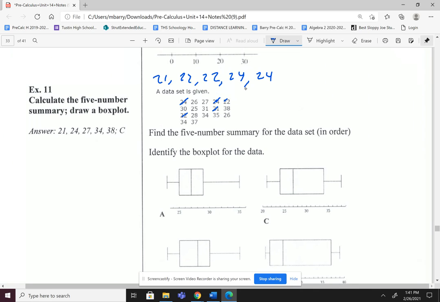All right, and then I have a 25 in there. 26 and 26 again. And a 27. 28. 30 and then 31.